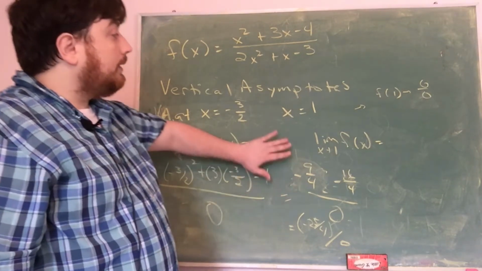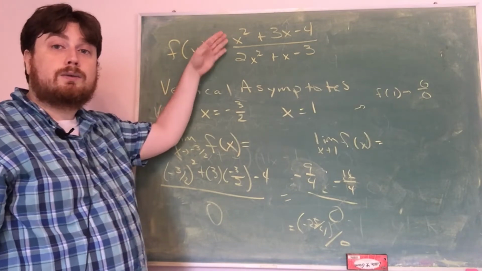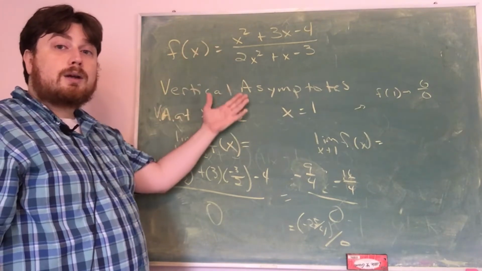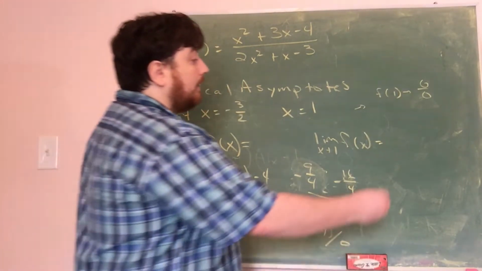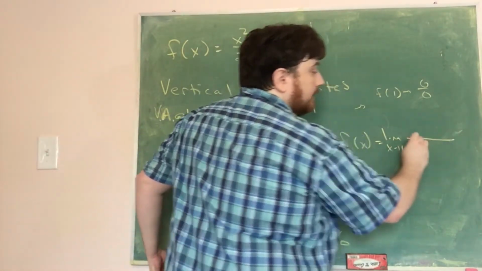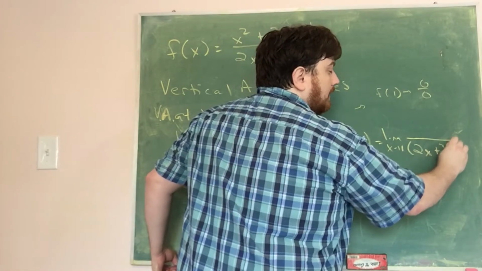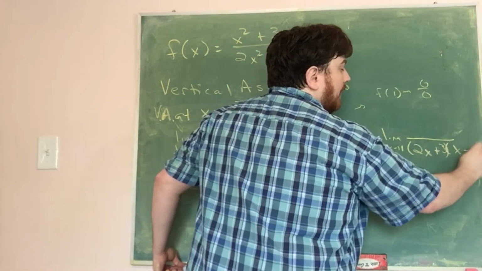And what I'm going to do here is, well, this is a rational function. So if we go back to limits of rational functions, we know that we factor the top, we factor the bottom, and we've already actually factored the bottom. So I'm going to use that and say this was 2x plus 3 times x minus 1.